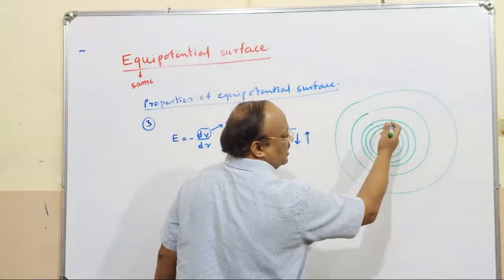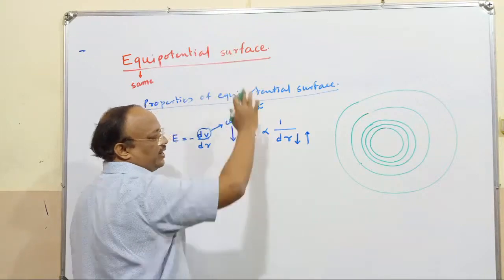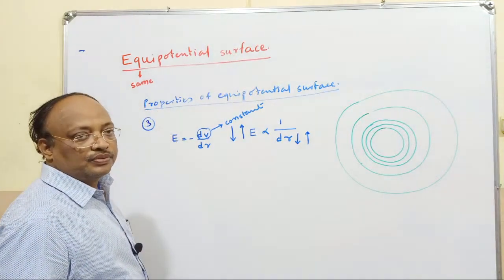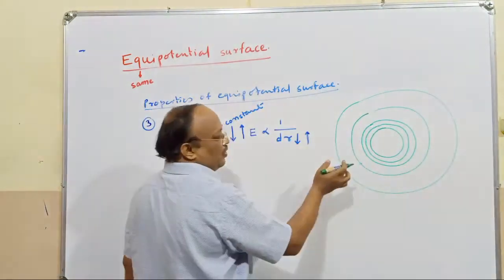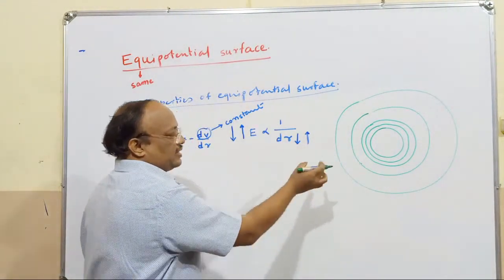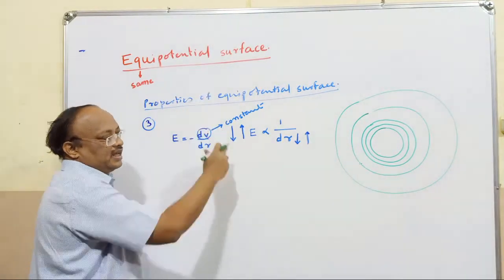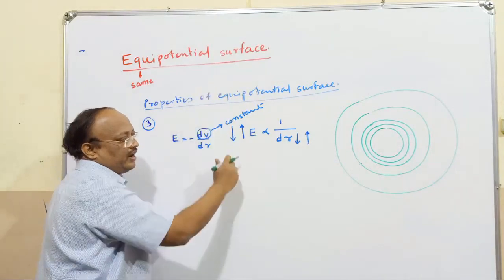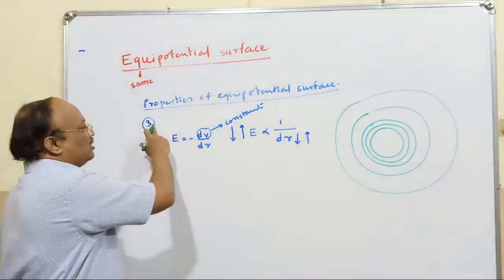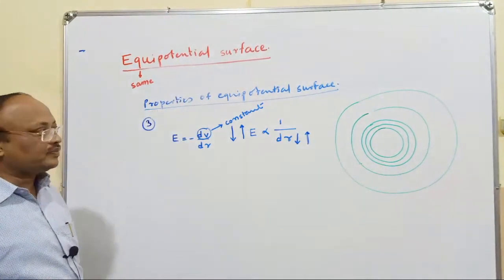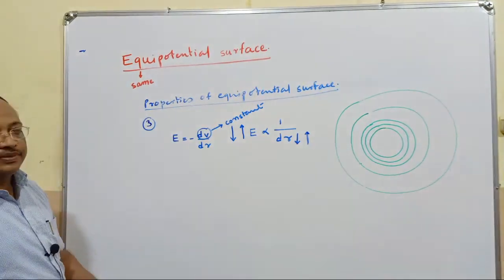Where the equipotential surfaces are dense, the electric field is more. Where they are very rare, the separation is more, and at those points the electric field is less.